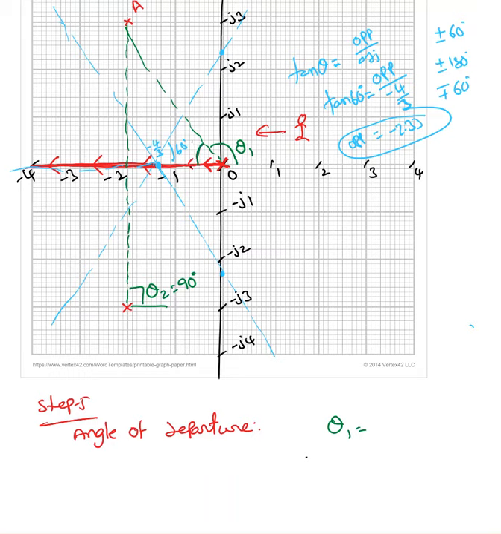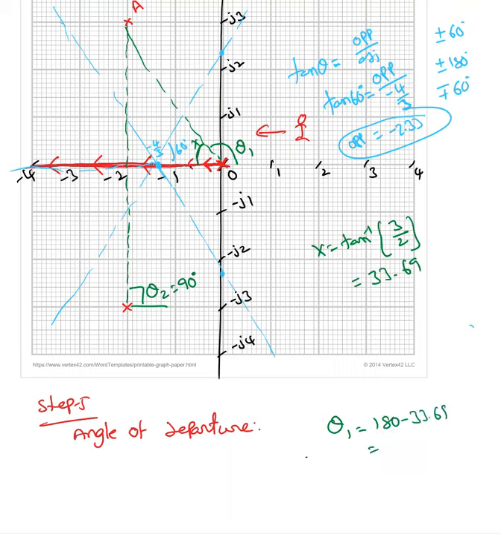So can I find this angle x? Angle x equal to tan inverse of opposite over adjacent, which is 3 over 2. What is that angle there? That value is 33.69. So theta 1 must be 180 minus 33.69.